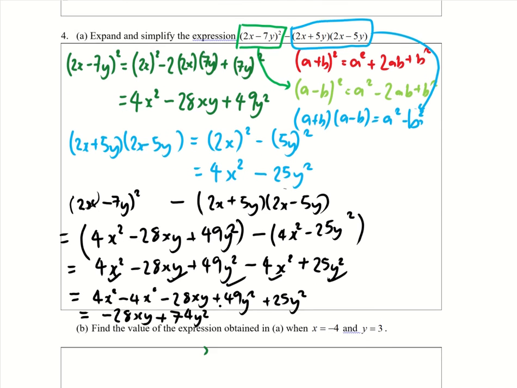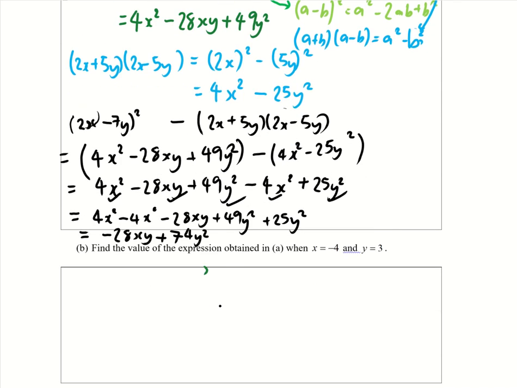And then for part B, find the value of the expression obtained in A when x equals -4 and y equals 3. So what you need to do is simply substitute x equals -4, y equals 3 into your answer. So minus 28xy plus 74y squared.